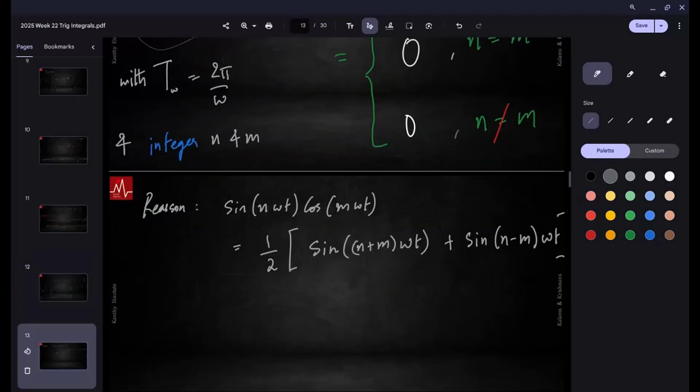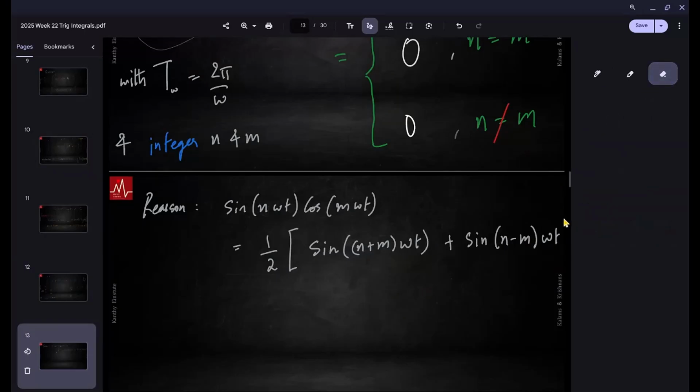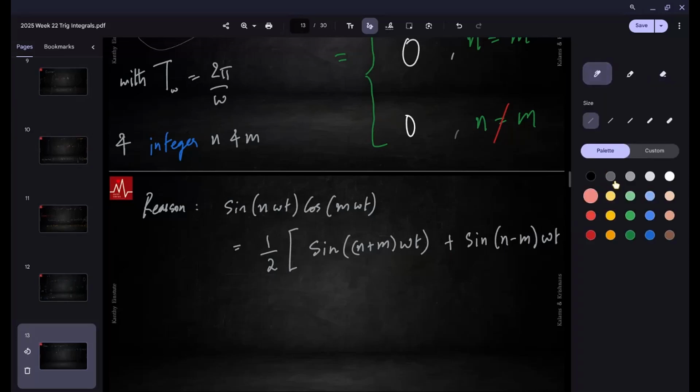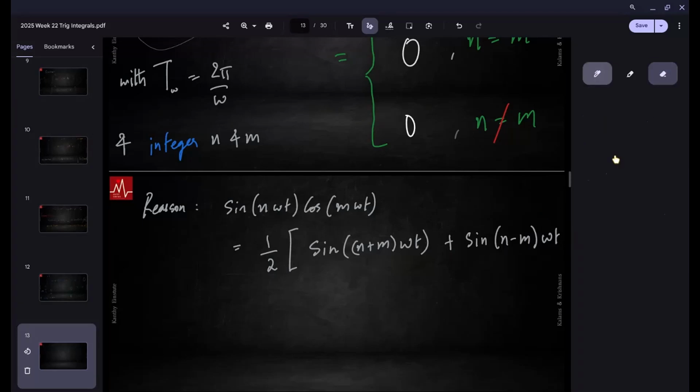With two sinusoids, you'll never get a 1. Cosine you will get a 1. With sinusoids you will never get a 1.